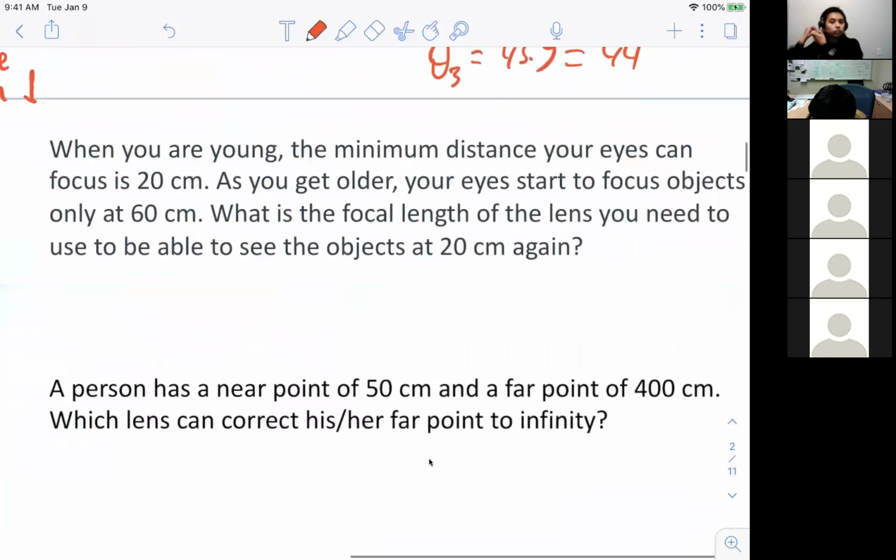So you have an eye and you have a lens here. Your eye can see things at 60 centimeters very well.